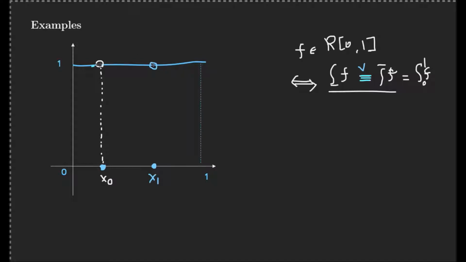Even though the calculation is a little complex and tedious, this is also Riemann integrable. Even though two points are discontinuous, this is clearly Riemann integrable. This means the lower sum and upper sum coincide.